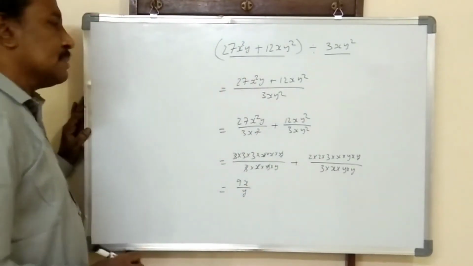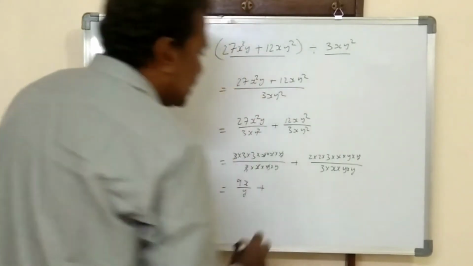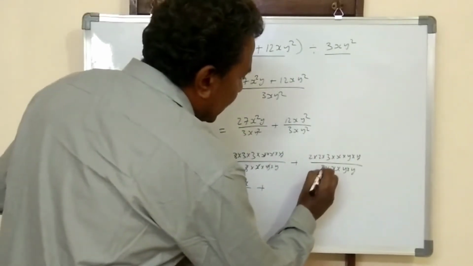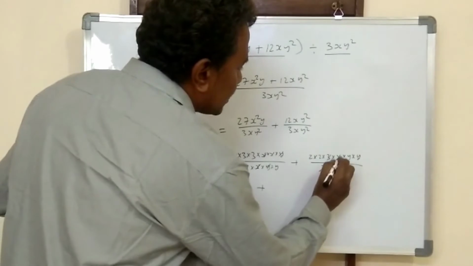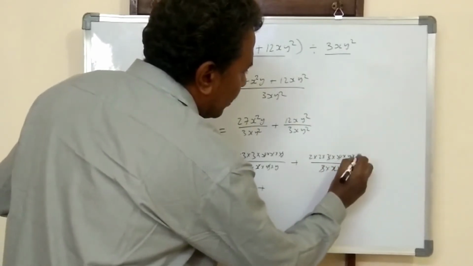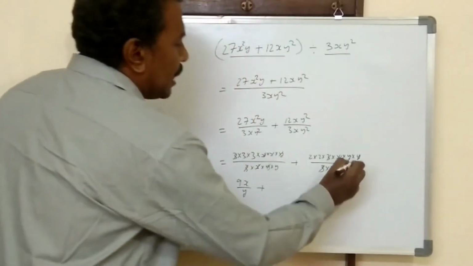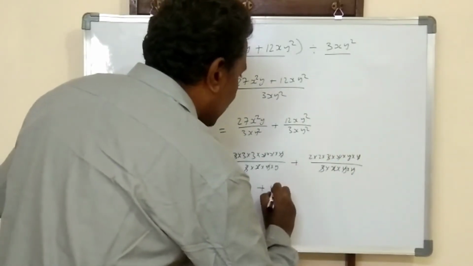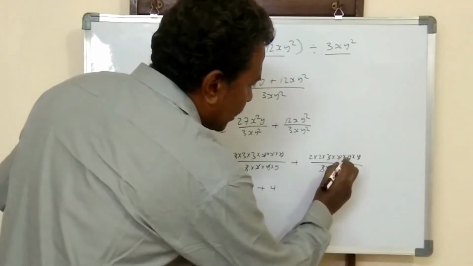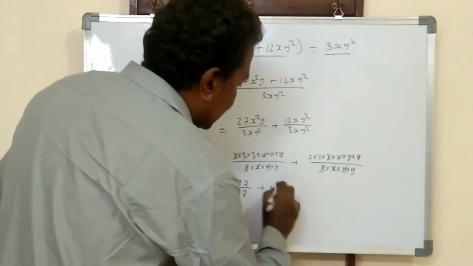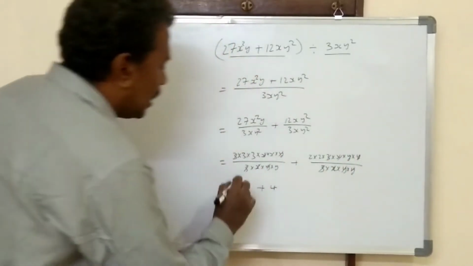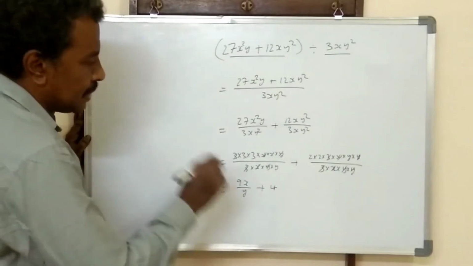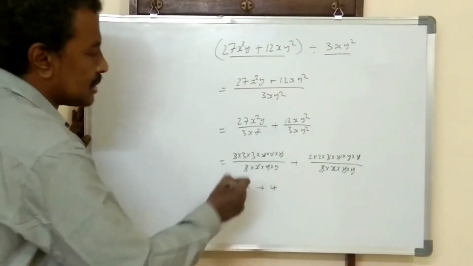So 9x by y plus, here in the second term, the denominator got cancelled. That becomes 2 2s are 4, 4 3s are 12, x got cancelled and y's got cancelled. So the answer is only 4. So 9x by y plus 4. So this is the answer.